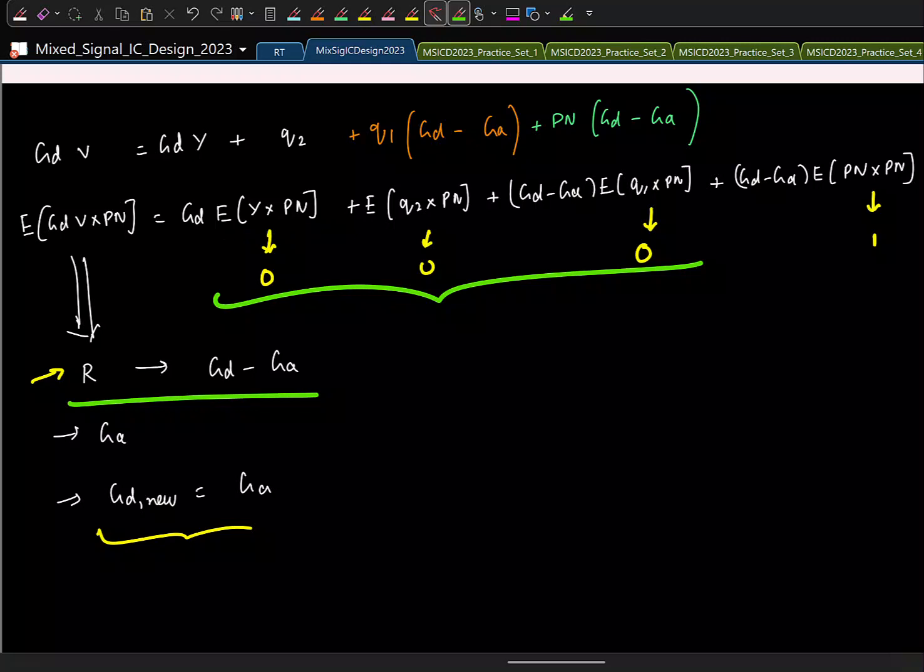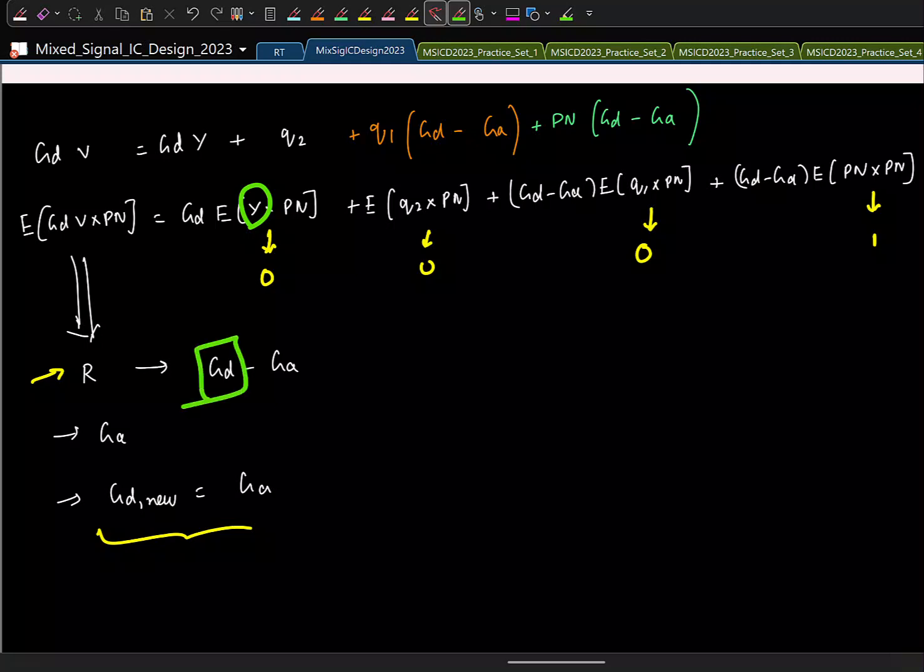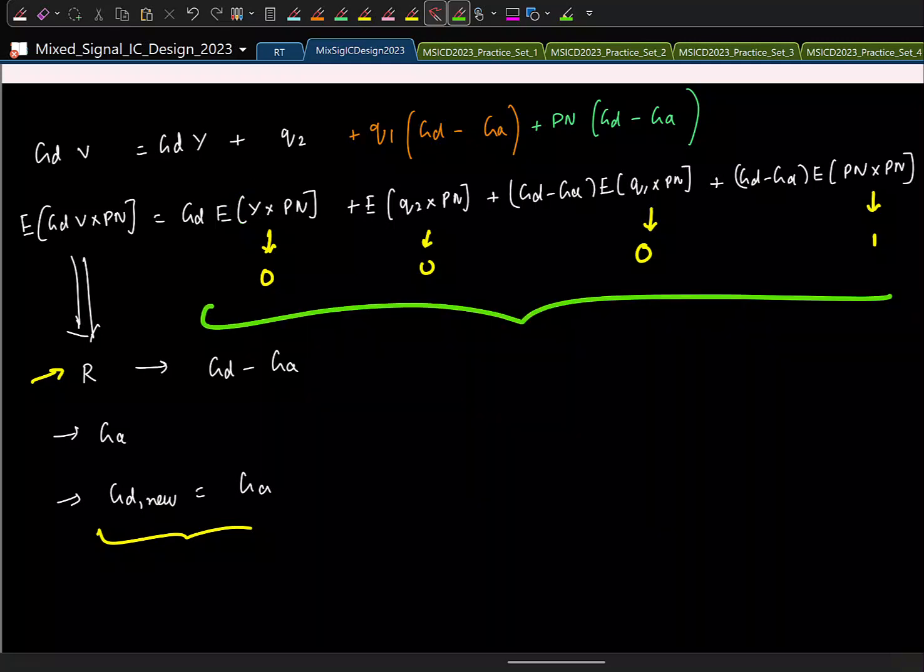So the time taken for this process to converge to the actual value will be really slow. On top of it, because this Y has really large amplitudes, that will affect your final estimate of GD or GA here. So we'll have a large interference from this huge input signal. So in practice, if you do this, it has convergence issues.